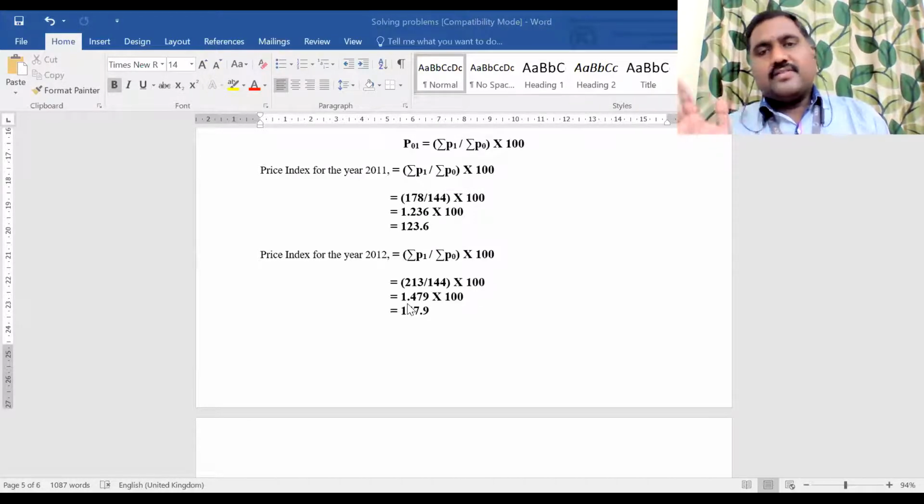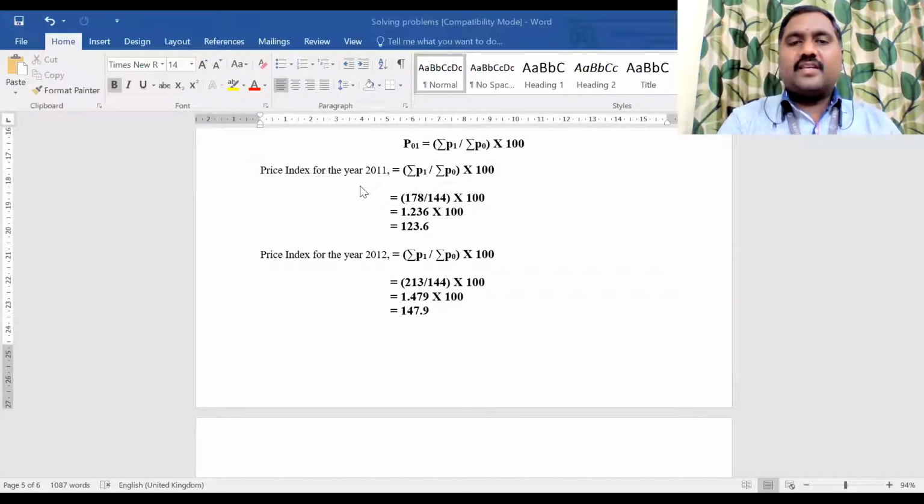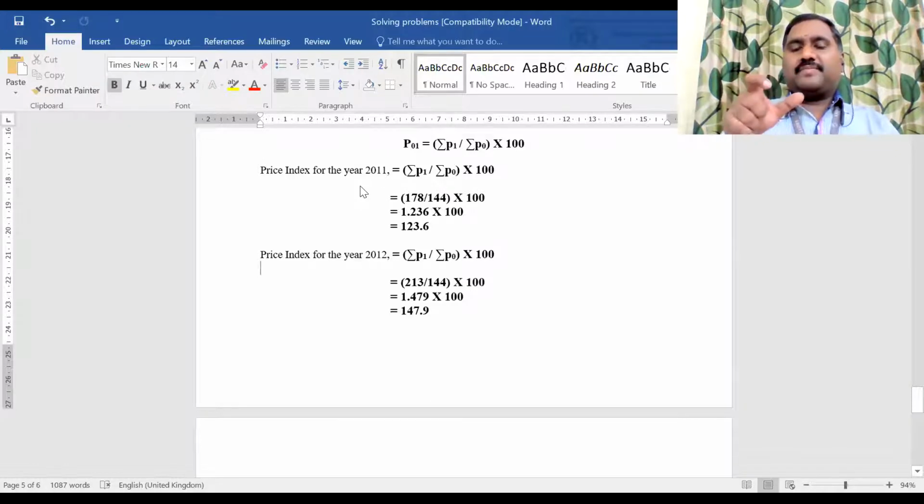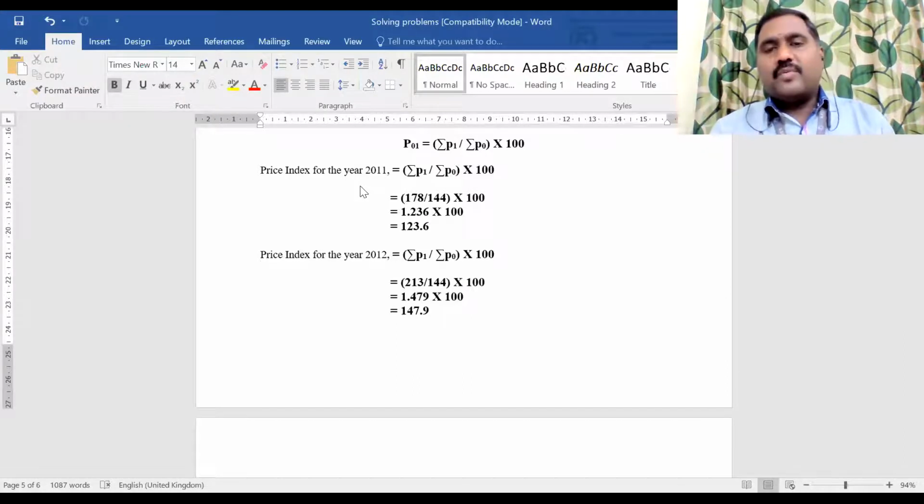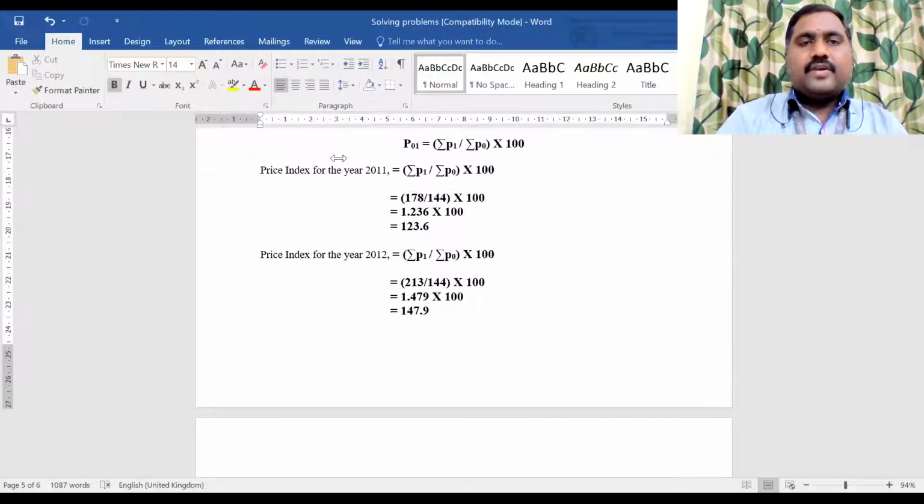Let it be in P1 itself. That's why on the left-hand side I wrote the price index for the year 2011: summation P1 by P0 into 100. For 2012, same thing. If you mention it also, it is not a problem, as long as you get the right answer. Okay, is it clear now?